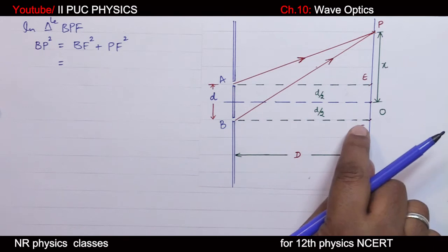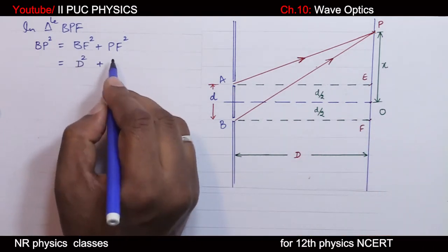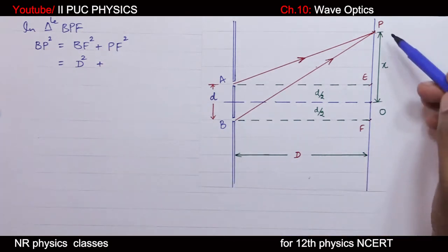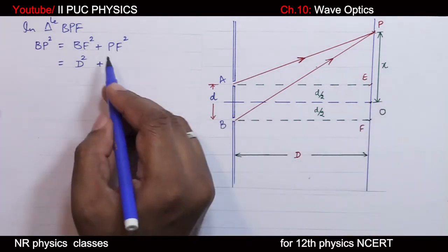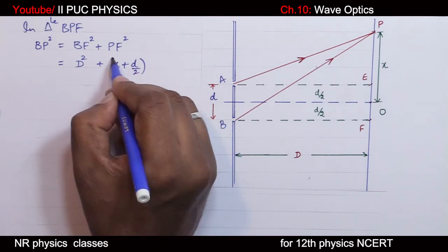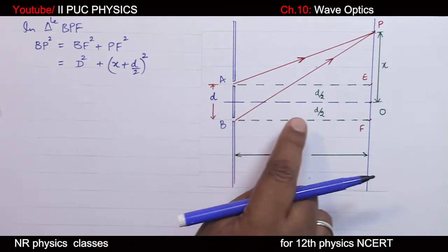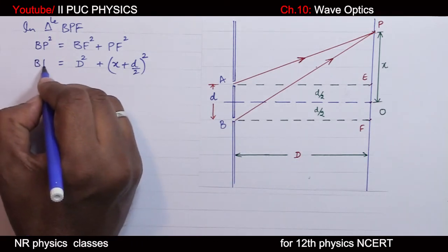BF is nothing but capital D, so D square plus PF square. P to O is x, O to F is d by 2. So it is x plus d by 2 whole square. Students, refer to the diagram and then try to write the equation. BP square.